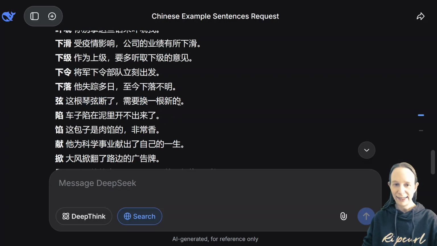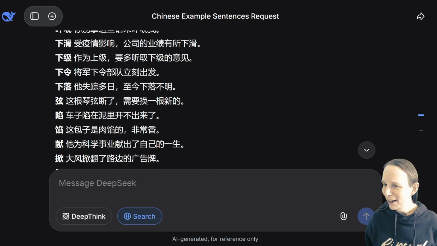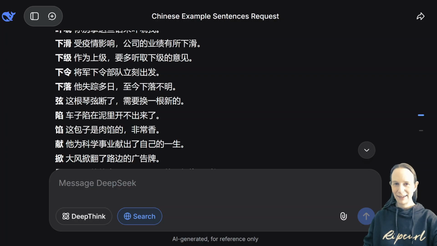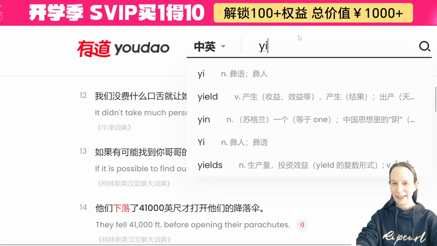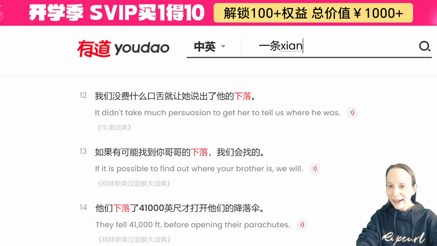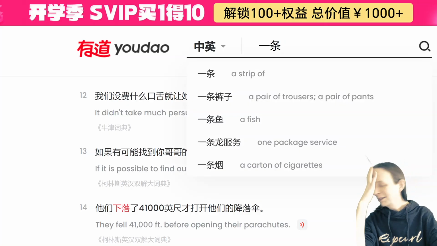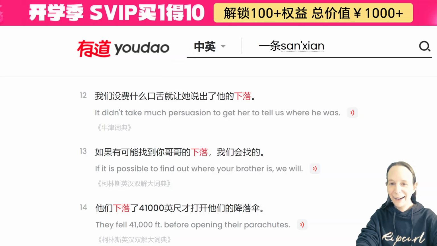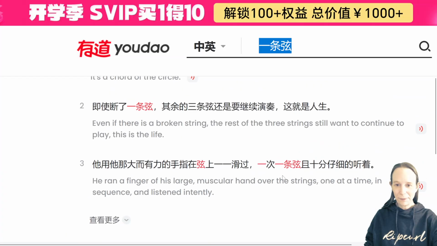要换一根新的. Okay, so here 根 is the measure word for string. 一根新的. Measure word for string should be 条, right? I don't know, I'm not 100% sure. 条弦. 根弦.